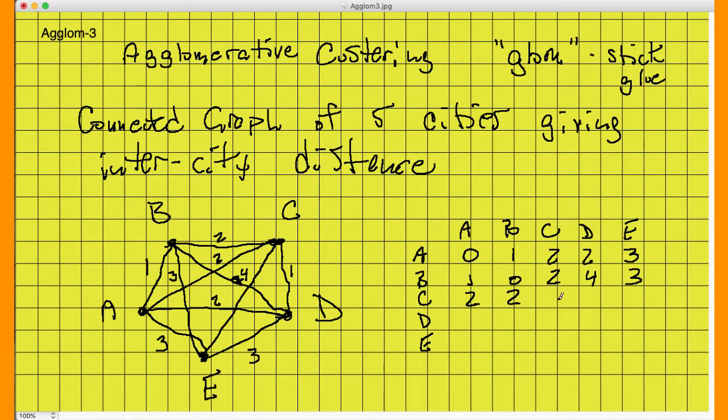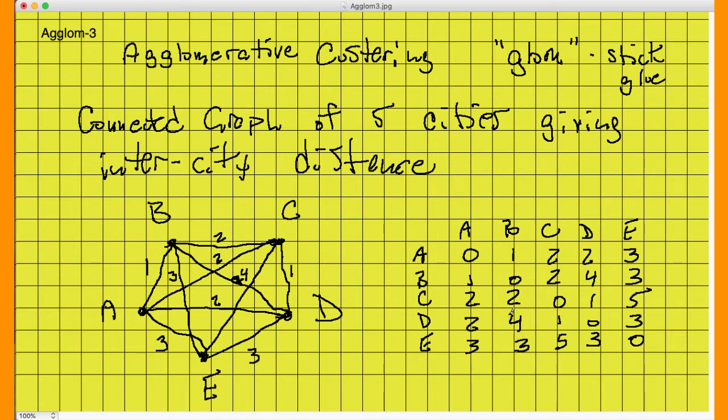Then 2, 2, 0, 1, 5, and 2, 4, 1, 0, 3. Okay, so this matrix actually corresponds to the intercity distance here. I apologize for the mess here. I hope this is a lot clearer.